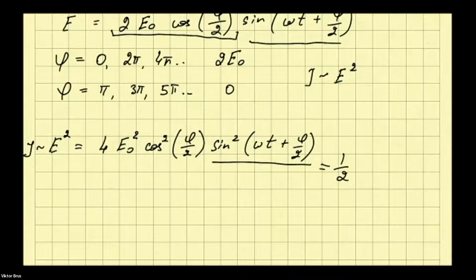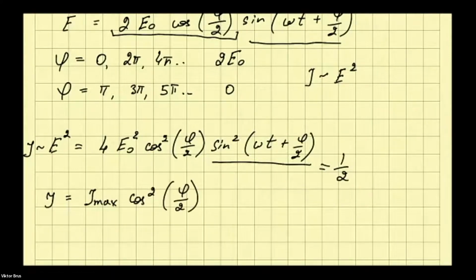So in this case, taking this into account, we can write that the intensity of lighting formed on the viewing screen will be equal to I maximum, some amplitude intensity, times cosine squared of phi divided by 2.